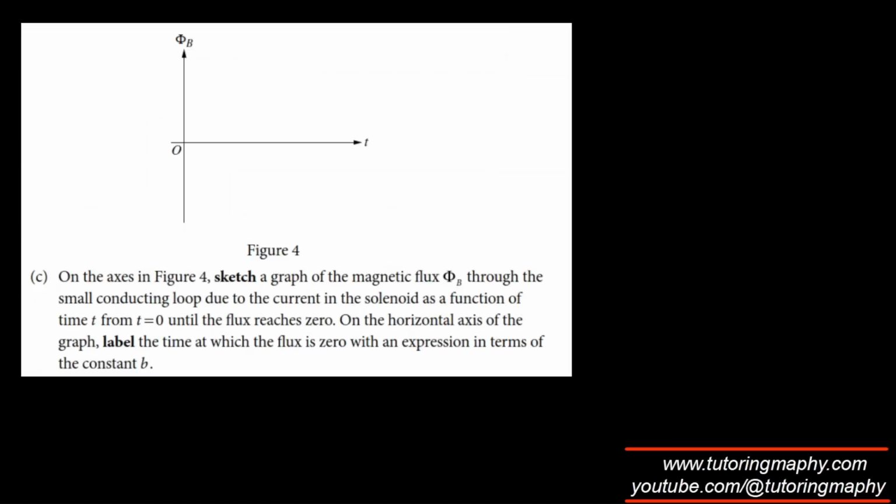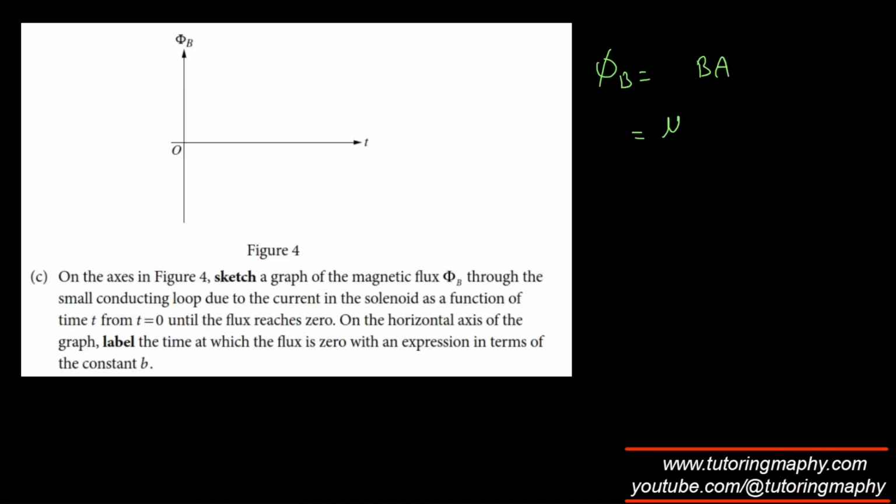Over here on this axis, we have to sketch the magnetic flux through the small conducting loop as a function of time. And we also have to indicate the horizontal axis where the flux is 0. So let's rewrite the expression. Flux was BA.